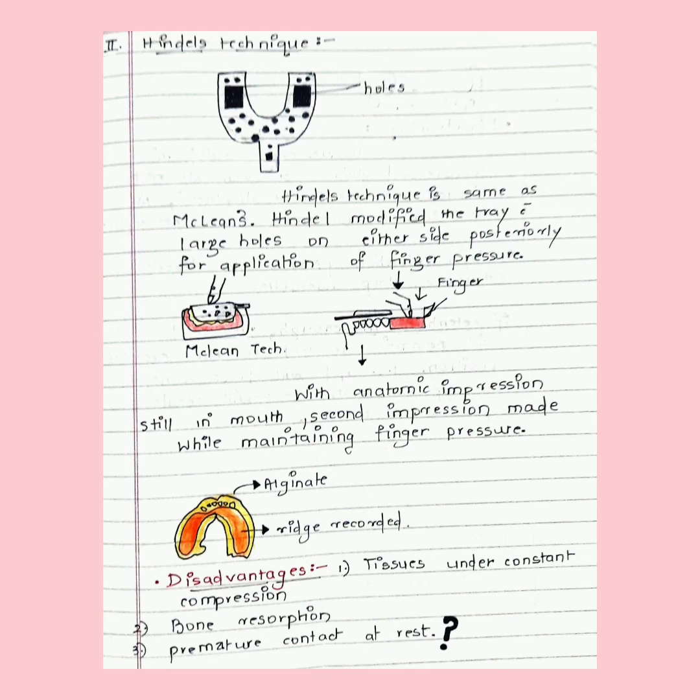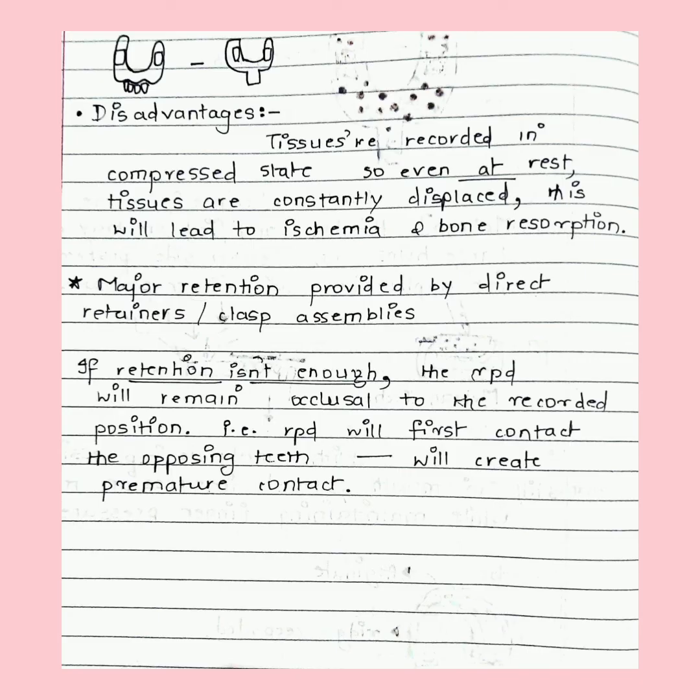That is the functional impression. The disadvantages of Hindle's technique are that the tissues are under constant pressure, hence there is bone resorption and ischemia, and there is premature contact at rest. And why is that? The major retention in RPD is provided by direct retainers or clasp assemblies.